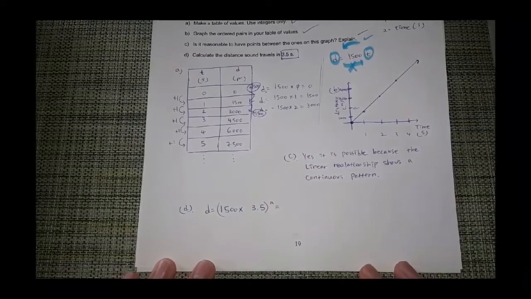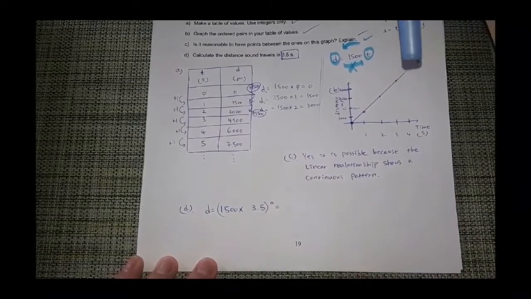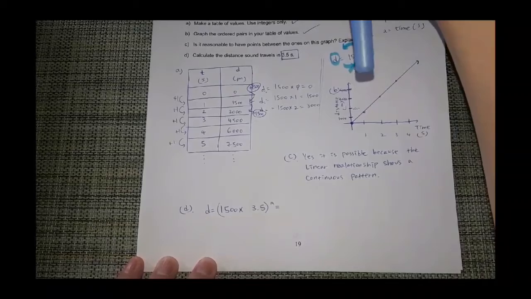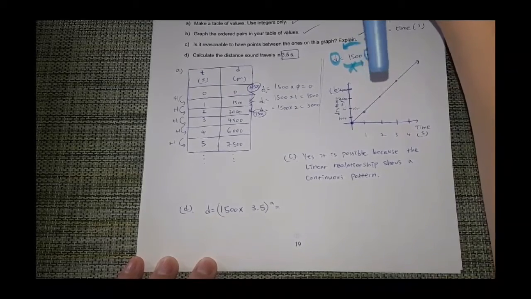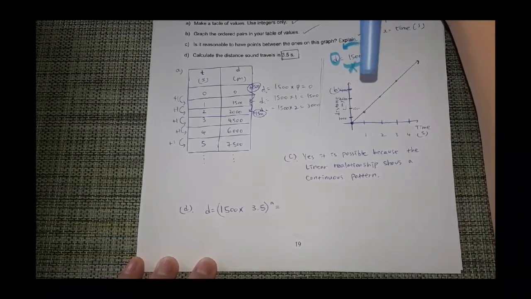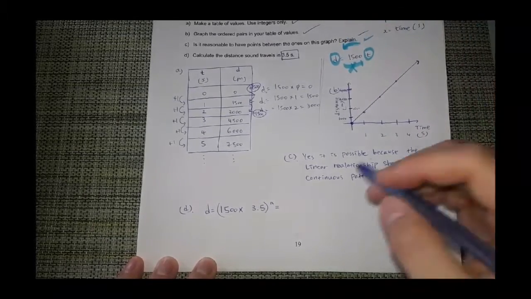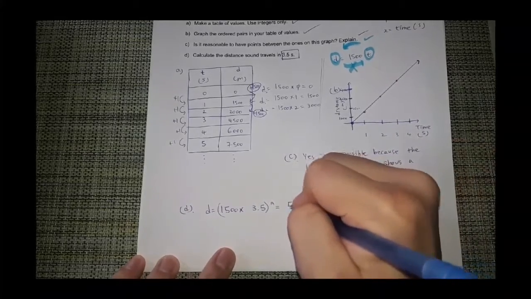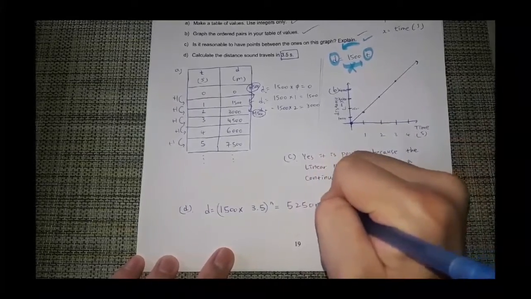So I want you to take out your calculator. Right now I'm going to use the one on a computer monitor, but you guys have it. So using your calculator, I want you to put 1,500 multiplied by 3.5. Then the number that I have from my screen is 5,250 meter.